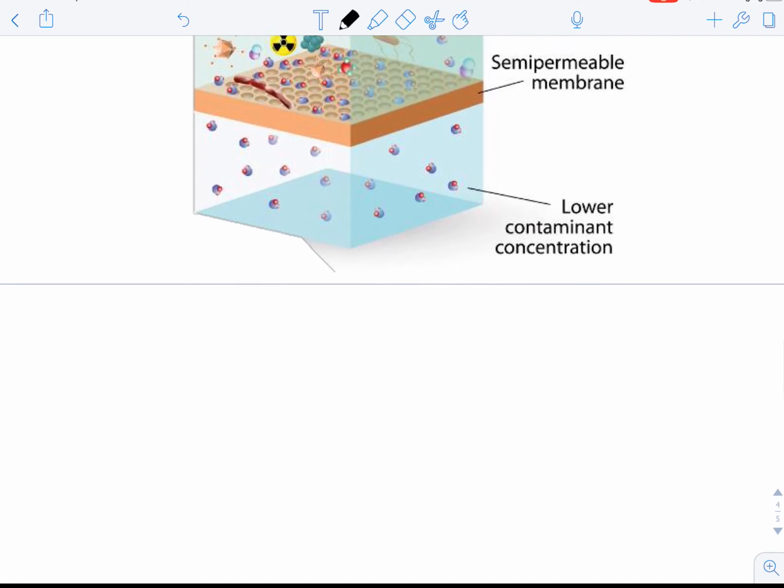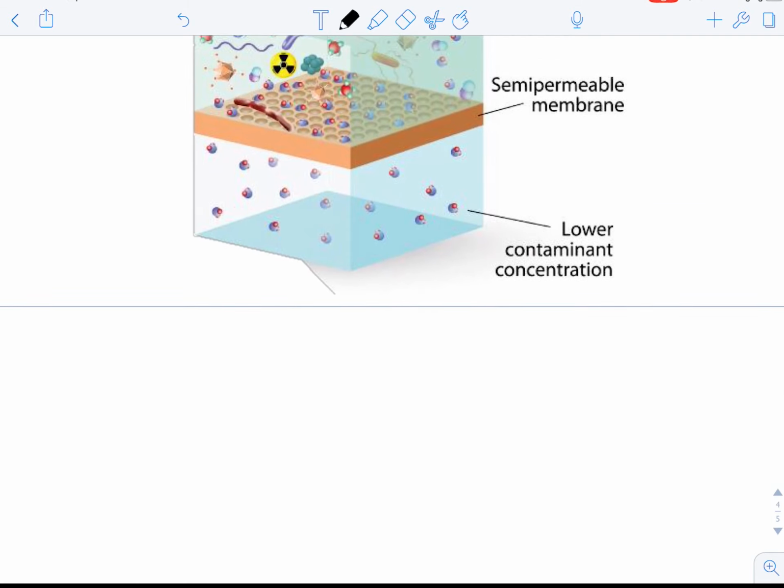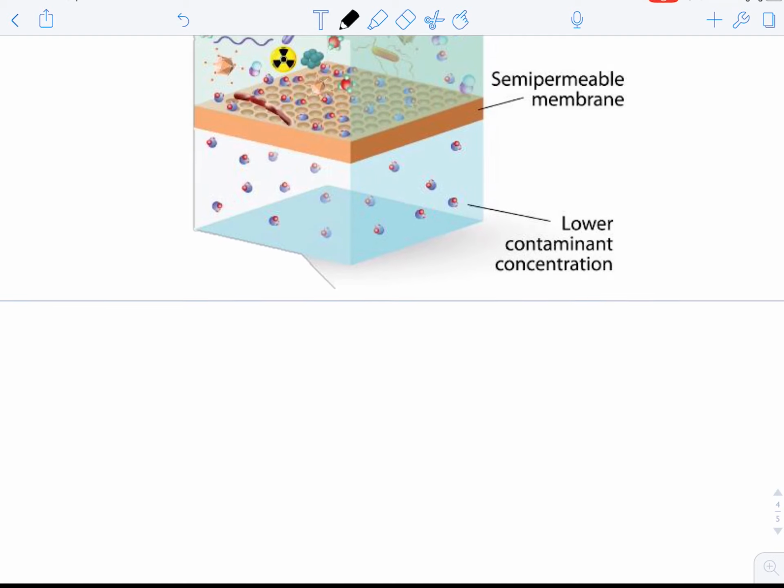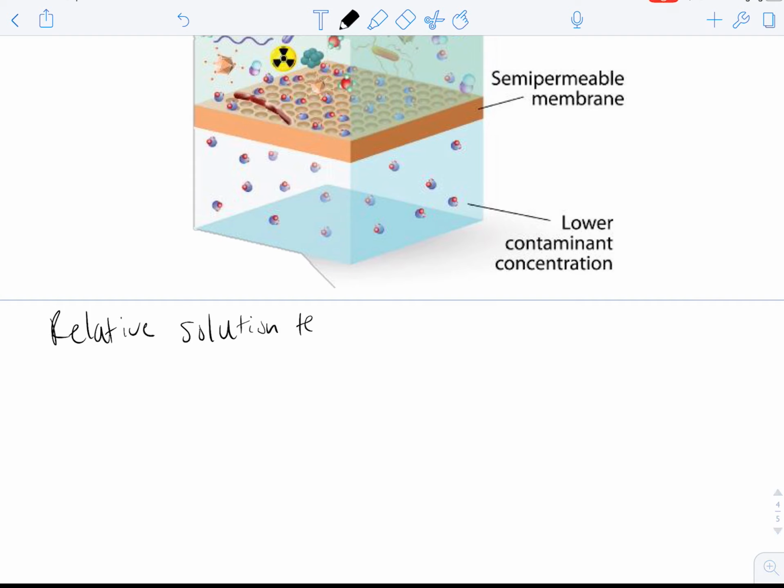Okay? So we can take the ideas of concentration of solute and use what's called relative solution terms. So we're going to look at three terms. We have solutions that are considered isotonic to each other.